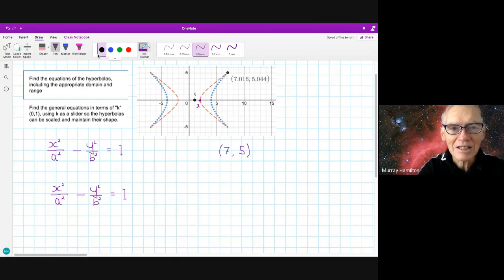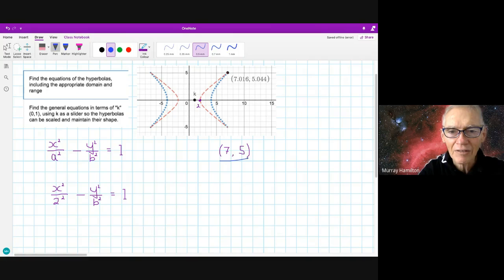Let's do it. Okay, so what I'm going to do is erase the A here, and put the value for A, which is this value 2. You should know that if you've done that. So we're going to put 2 squared in here. I'm replacing the value, and so we've got this formula. Now I'm going to use the point 7, 5.